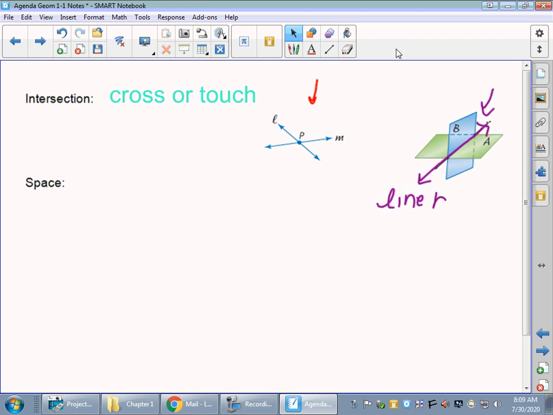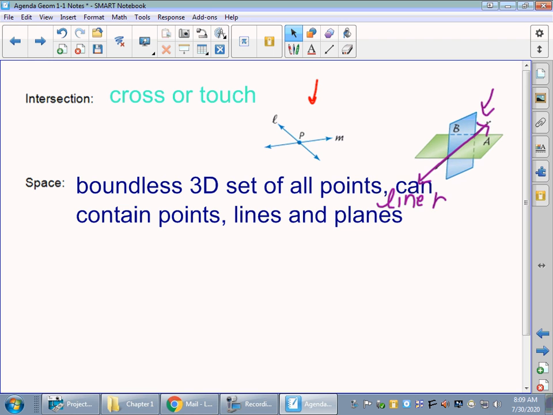All right, and space, I mean, the book just says I have to tell you about this. Move this up here a little bit. Space is the boundless three-dimensional set of all points. It can contain points, lines, and planes. Probably should have said that right at the beginning. So we are working in space, obviously, inner space, not outer space.